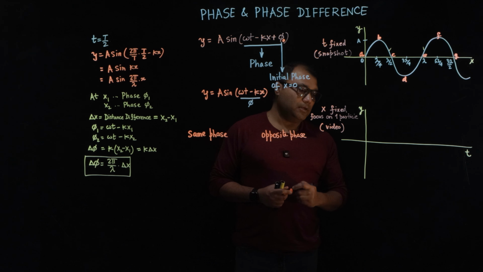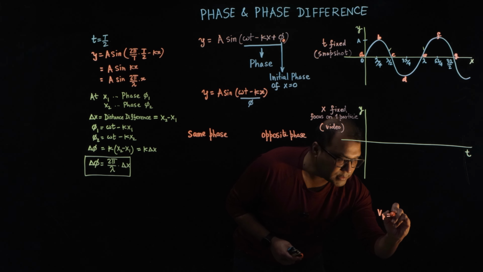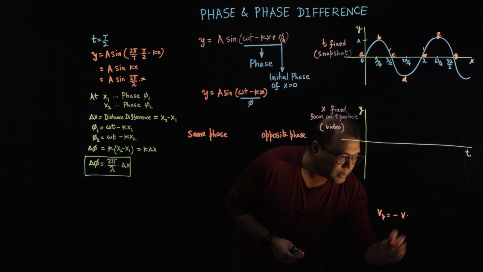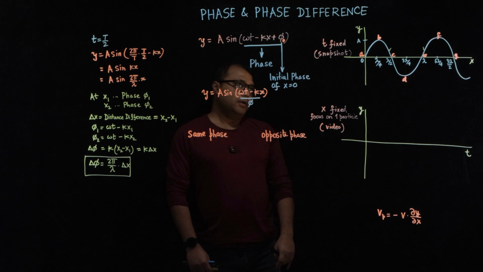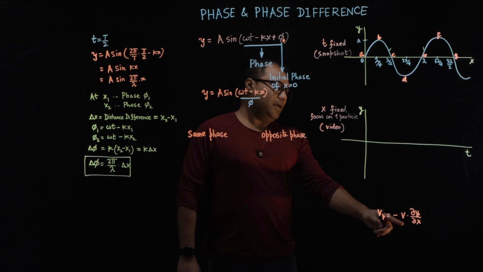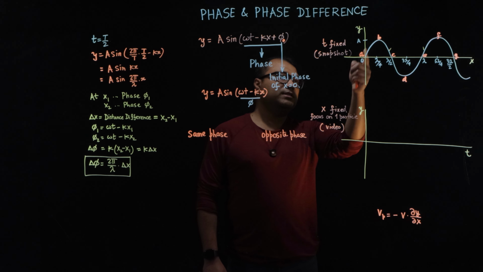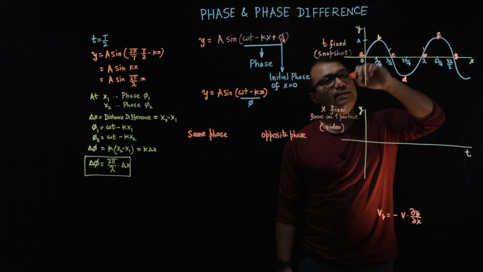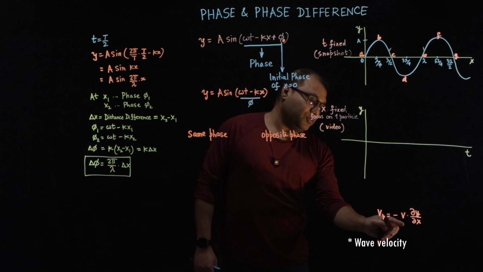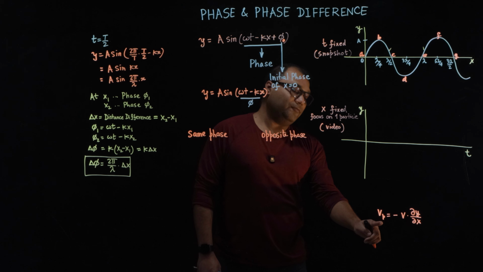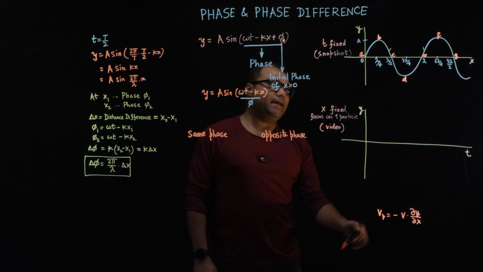Remember, in the last lecture, we devised that velocity of a particle is negative of wave velocity times del y del x. Do you remember that? So we have the yx graph. Del y del x is the slope of this graph at a point. The slope here is positive, and the wave velocity is in the positive x direction, so which way is the velocity of the particle at A? It is going down because it's negative.